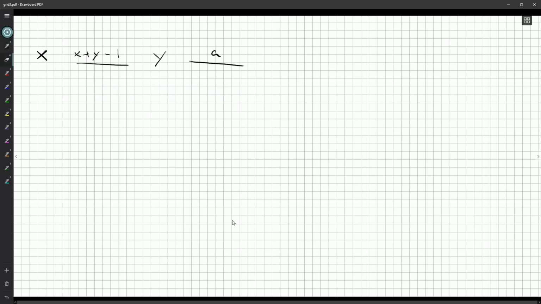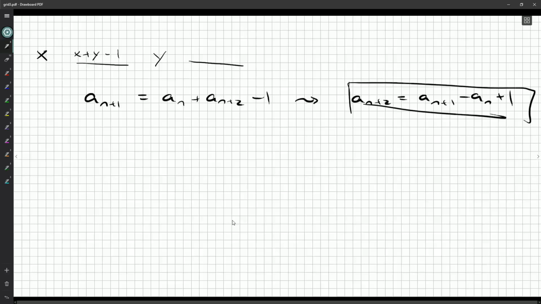I can see this is only going to get more complicated, so rather than use algebra to figure this out, how about we just rearrange the little formula that they bother to give us? So, keep a_(n+2) on its side, and you bring the a_n over to the other side, and the minus 1 comes over and turns into a plus 1. Because other than this second term, I'm just going to know the previous two, and I want the next one.